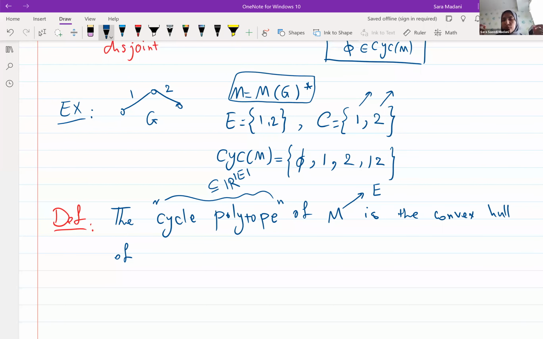So now I should give you some vectors with cardinality of E coordinates.